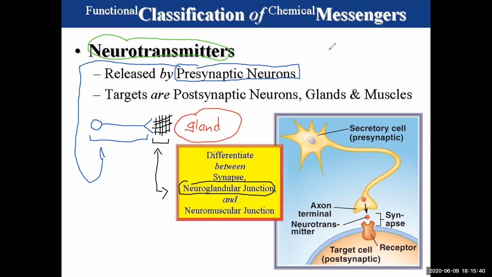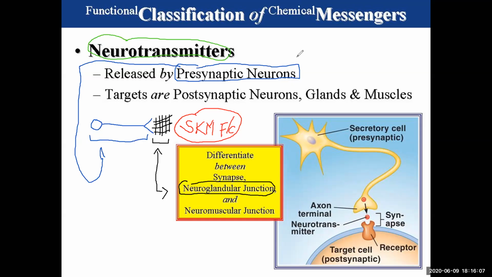But if instead of a gland you have, for example, a skeletal muscle fiber, right? So here, SKM, skeletal muscle fiber or slash cell, right? Skeletal muscle fiber or skeletal muscle cell.